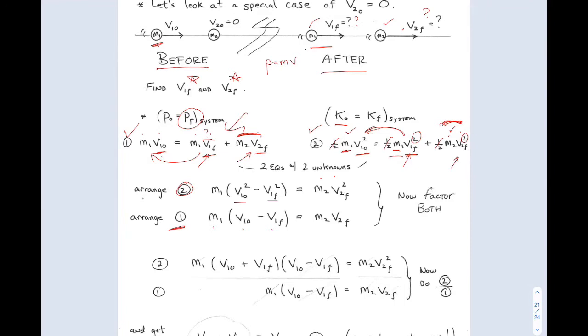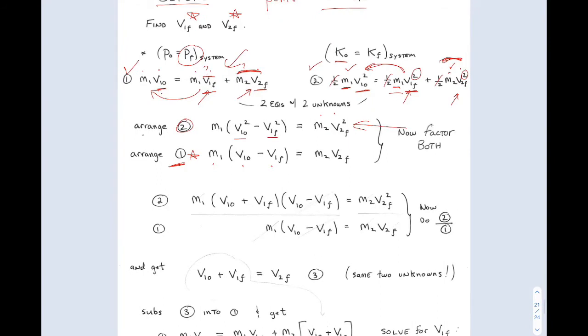So I still have the same two equations, same two unknowns. Now I'm going to factor the top one. You look at the top one, and that looks like, from algebra class, a squared minus b squared. Back in algebra class they taught you that a squared minus b squared factors as a plus b times a minus b. So I took this and factored it here, and there's my a plus b, a minus b.